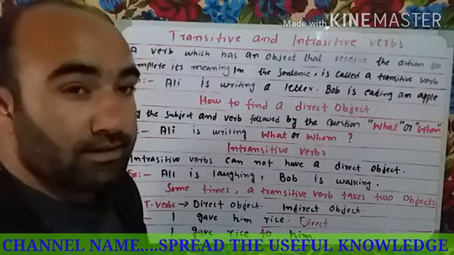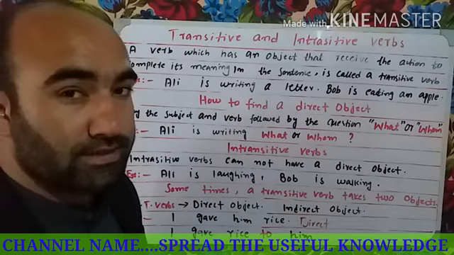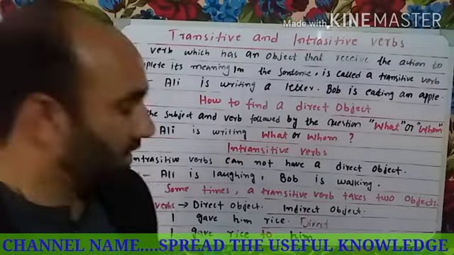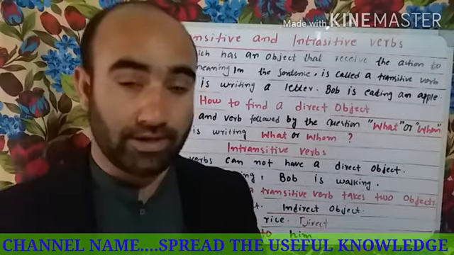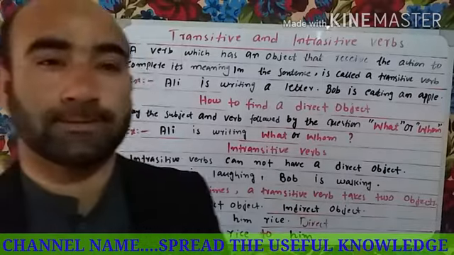Rice is the direct object, to him is the indirect object. So in this condition, we put "to" between these two words.